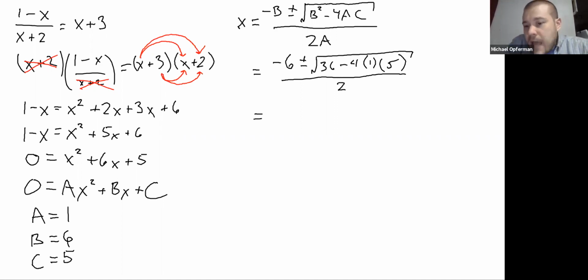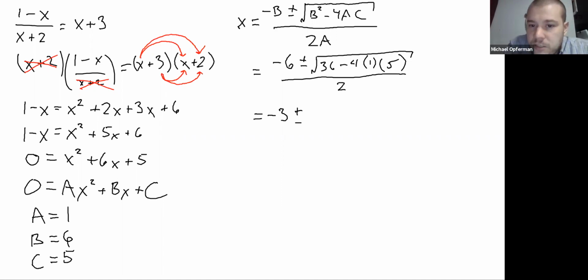When you have two things added in the numerator of a fraction like that, you are allowed to break it up into two fractions, which I'm going to do. So the first term is negative 6 divided by 2, which is negative 3. That comes from 6 over 2. And then plus or minus, this one's going to take a little bit more work. Inside the square root, I've got 36 minus 4 times 5, which is 20.